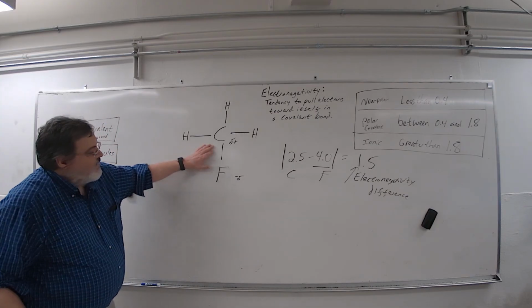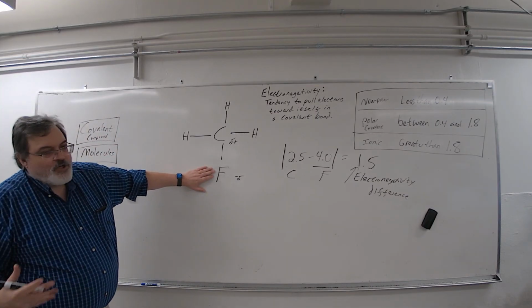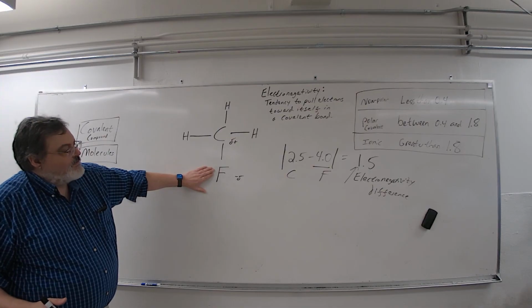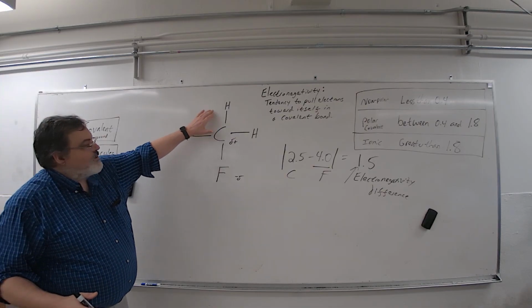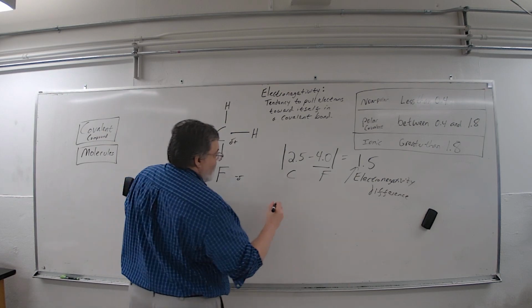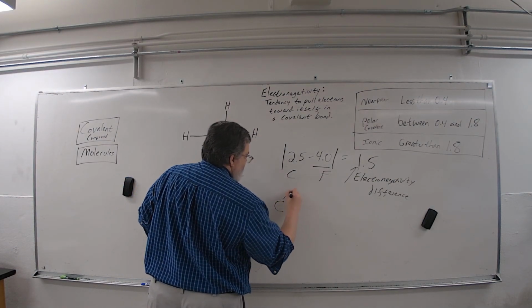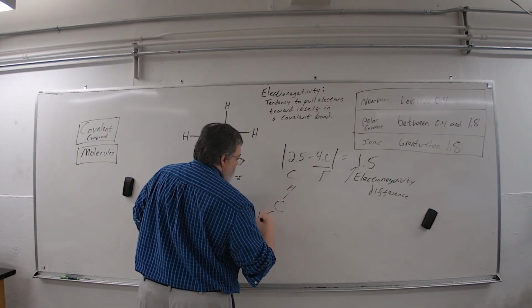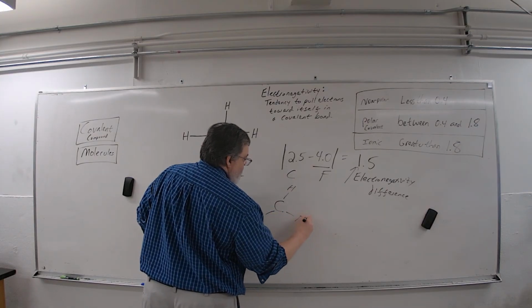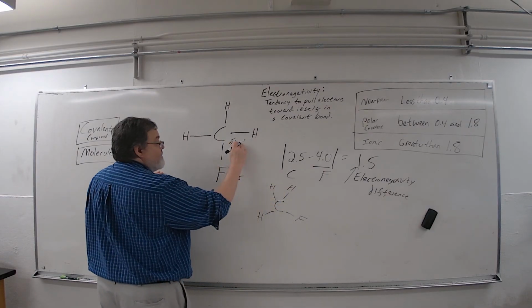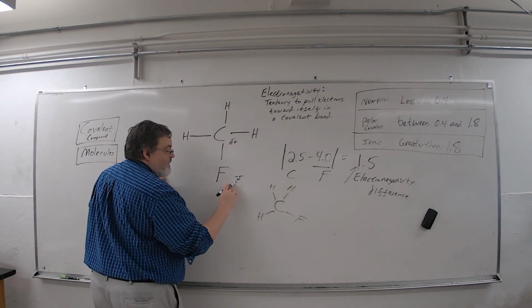What this is saying is there's not a full -1 charge on the fluorine, but there is some charge there, whereas there's no charge here. Meaning you've got some positive charge here and some negative charge here.